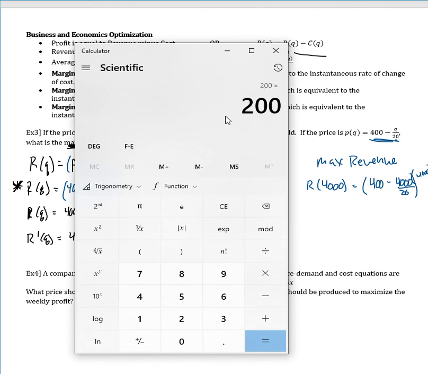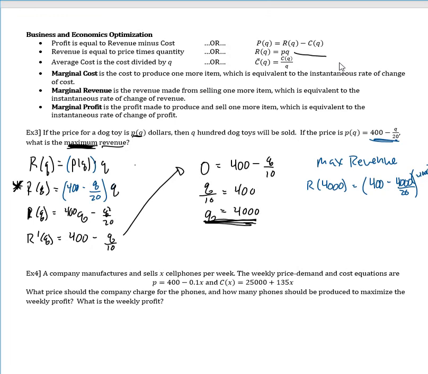Then times 4,000, and we get 800,000. So our maximum revenue was 800,000, and that's in dollars.